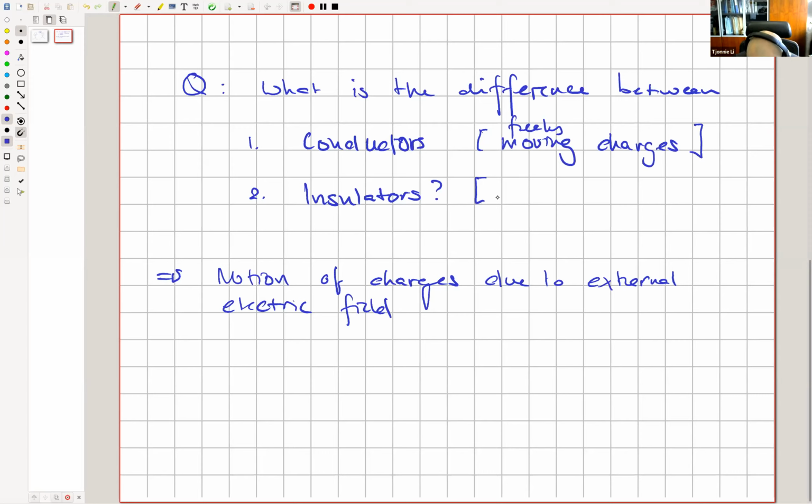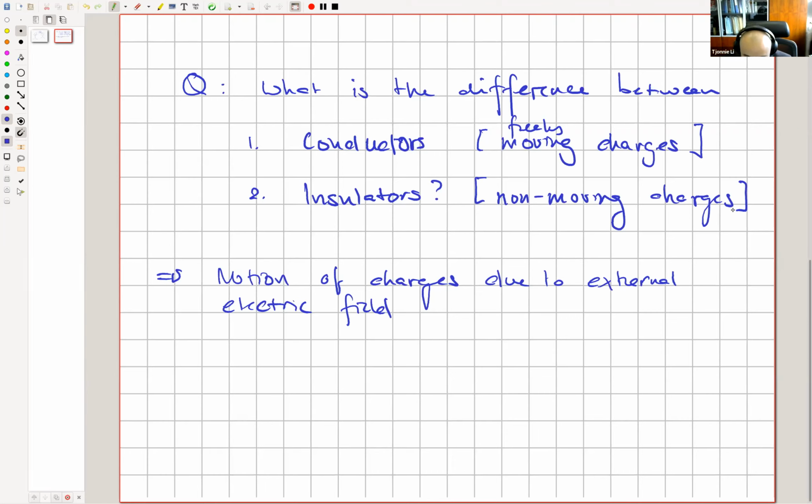And for insulators, we have pretty much non-moving charges. And this difference gives them very different properties in terms of their behavior in an external electric field.